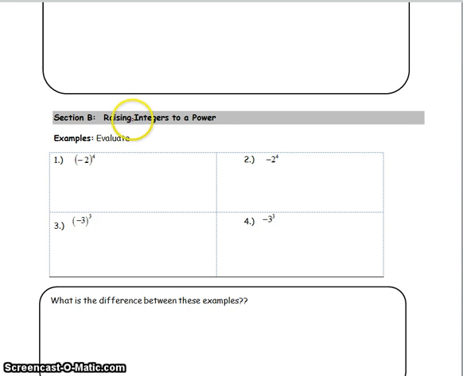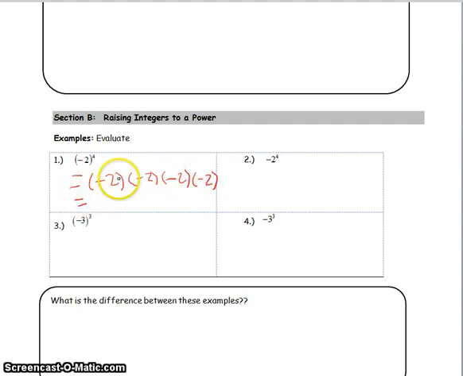Now we need to go down to problem number 1 under section B, where we're going to evaluate negative 2 to the 4th power. Now what this exponent means is that we're going to take negative 2 in parentheses, multiply it by itself 4 times. So we will have negative 2 times negative 2 times negative 2 times negative 2.